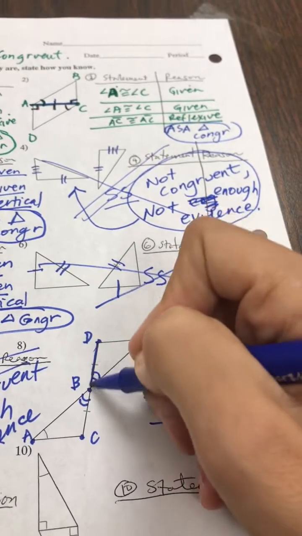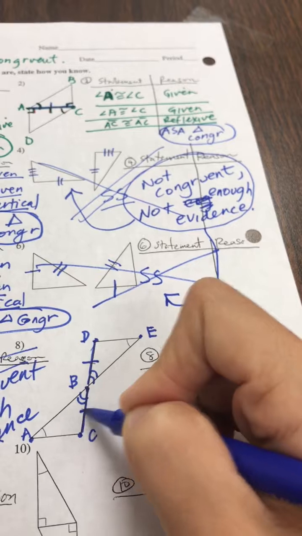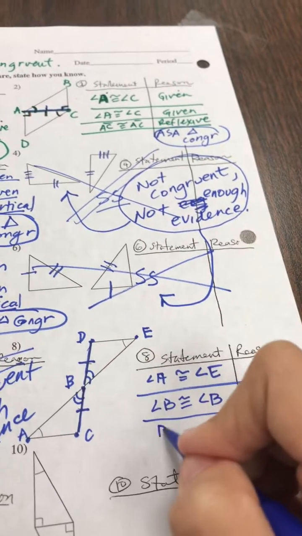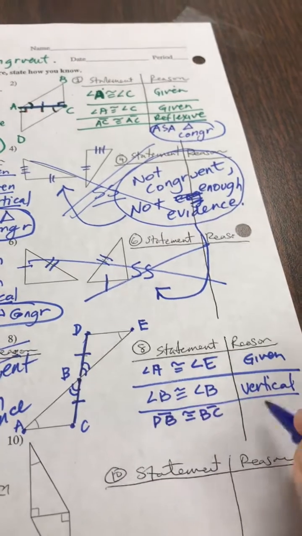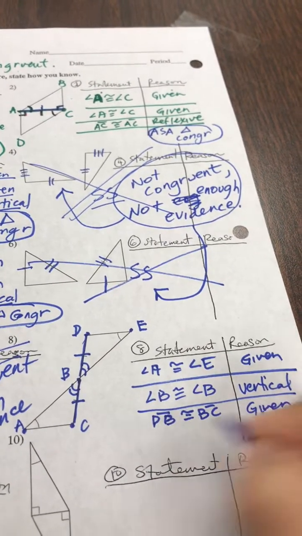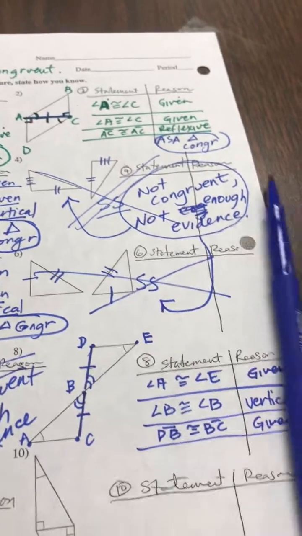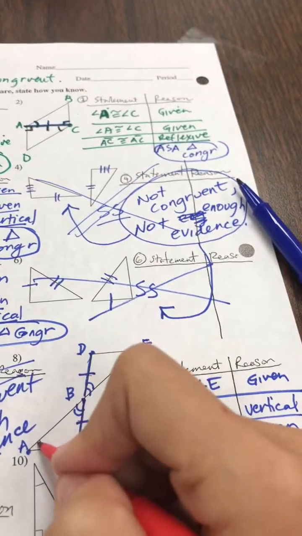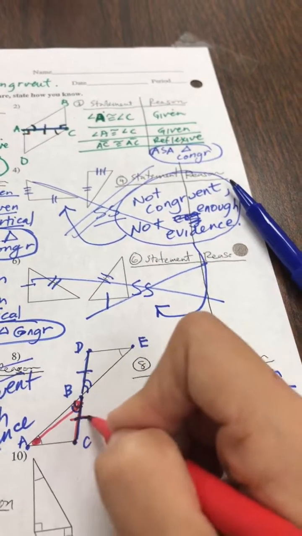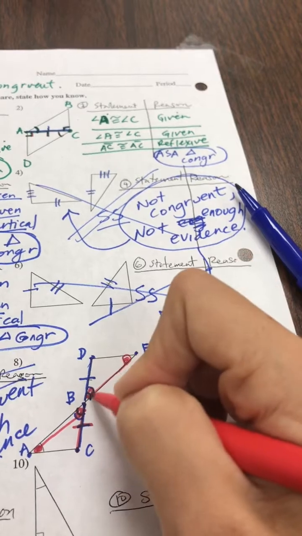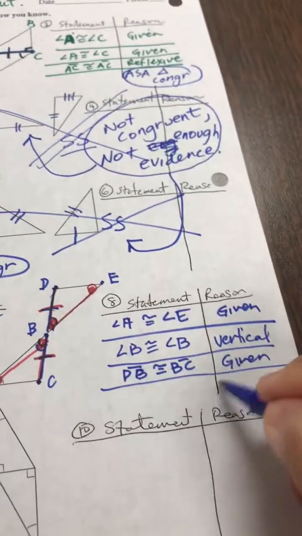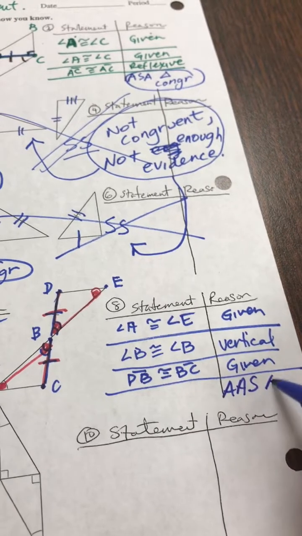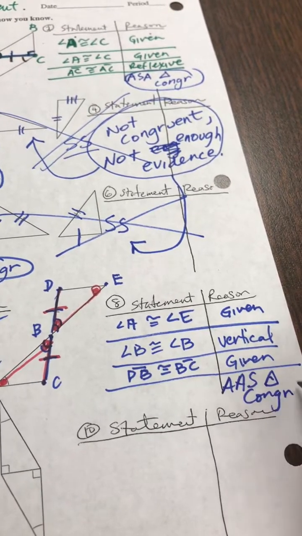And this side here and this side here match because they put one mark. So that's DB matches BC, given. We're given that information. Let's collect the evidence here. So we have angle, angle, side, angle, angle, side. Looking good for angle, angle, side. Angle, angle, side, triangle congruence.